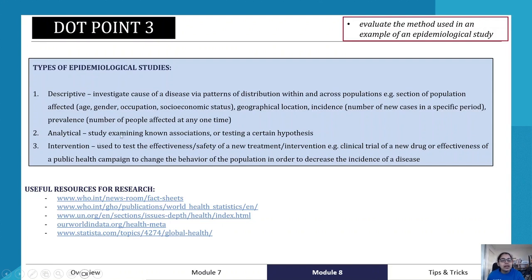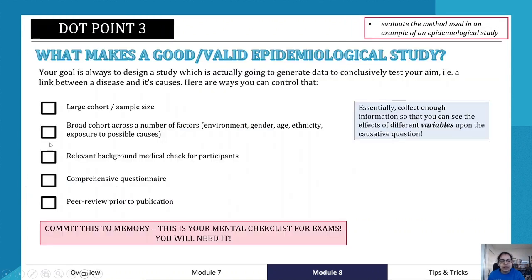Analytical studies examine known associations, or test a certain hypothesis. And finally, intervention studies are used to test the effectiveness or safety of a new treatment or an intervention. For example, a clinical trial of a new drug, or the effectiveness of public health campaigns, would be part of an intervention study as well.